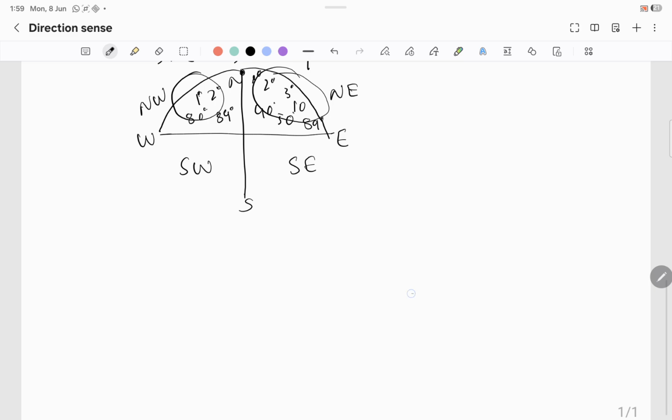But in general, from north, northeast, east, south, west. From north clockwise 45 degrees is positive.